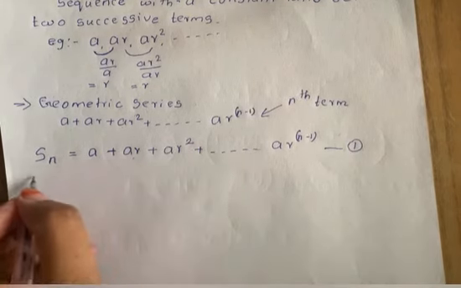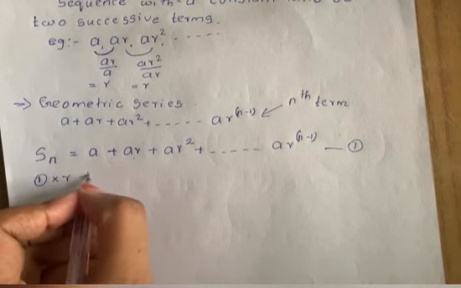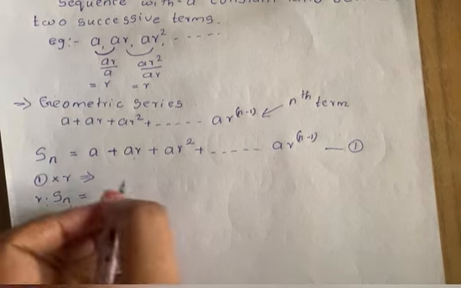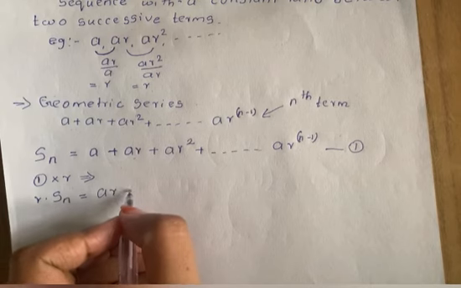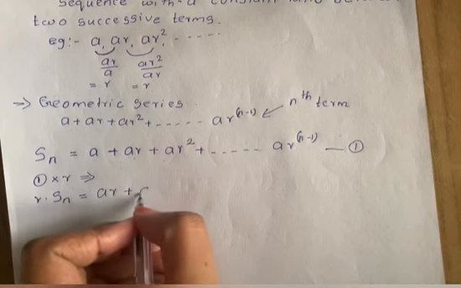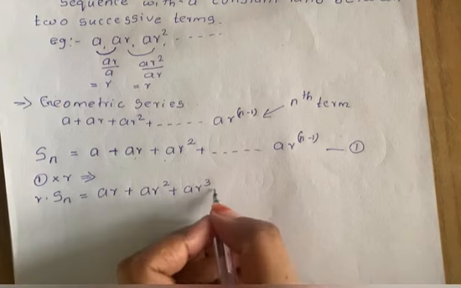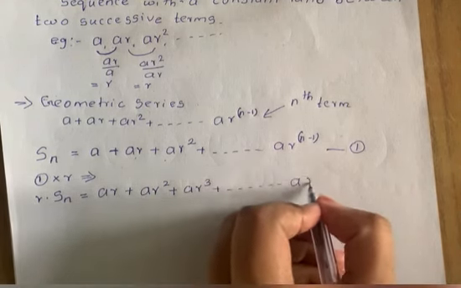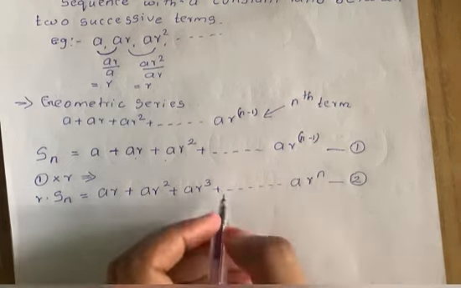Now we multiply that by r. So r times Sn is equal to ar plus ar squared plus ar to the power 3, going up to ar to the power n. That will be our second equation.